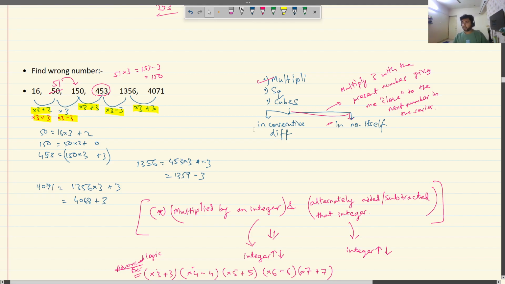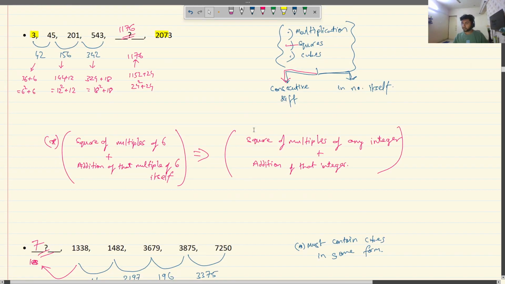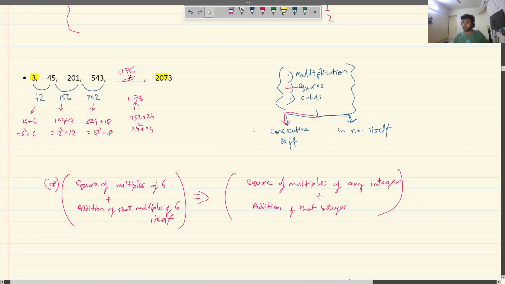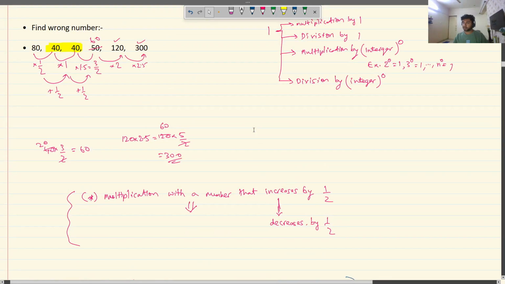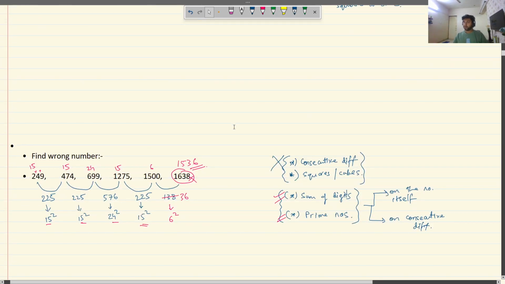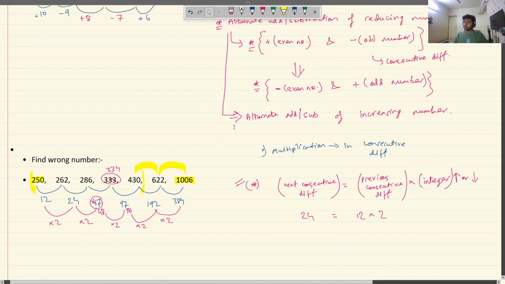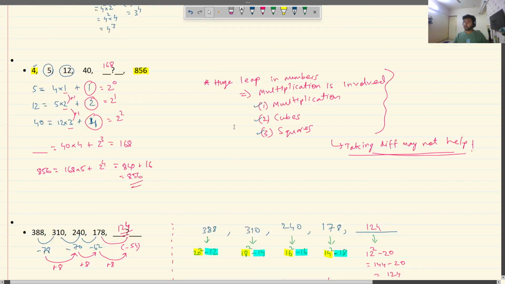I have explained through many different examples this same broad concept over and over again, and I've given several logics corresponding to each question. I hope you note them down in a copy in a nice manner and revise them every day.